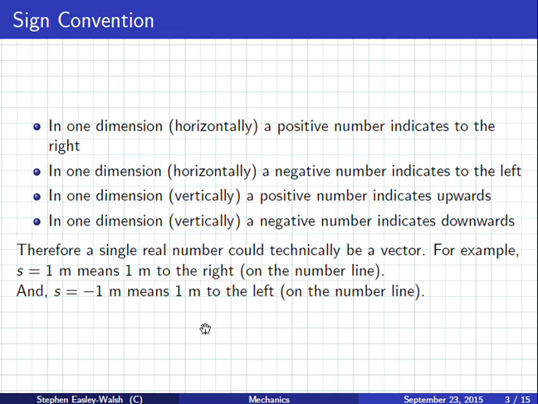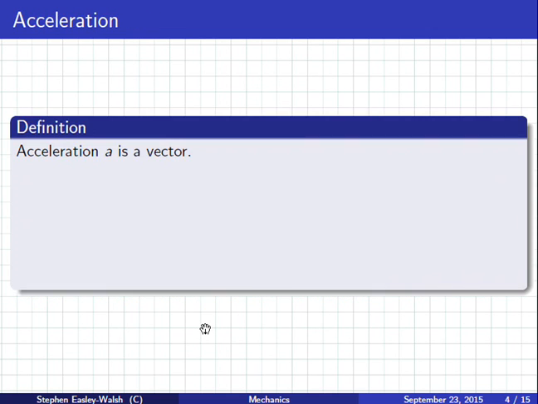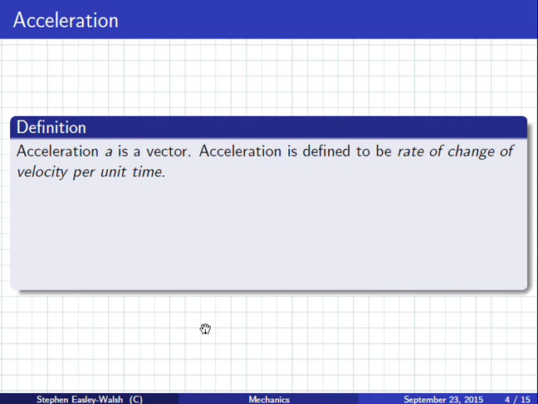Right, so now we have a definition, so you do need to write this down. Acceleration, so this is a new word. So first thing you need to know about acceleration is acceleration is a vector. So it is a vector firstly, that's important. And it is the rate of change of velocity per time.